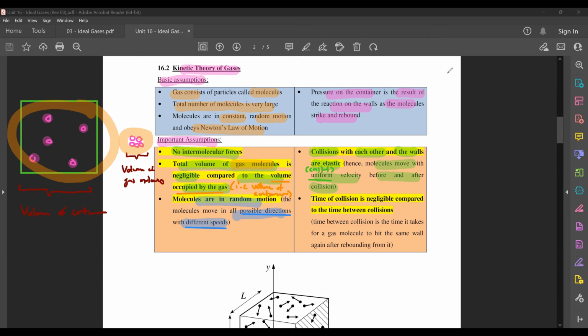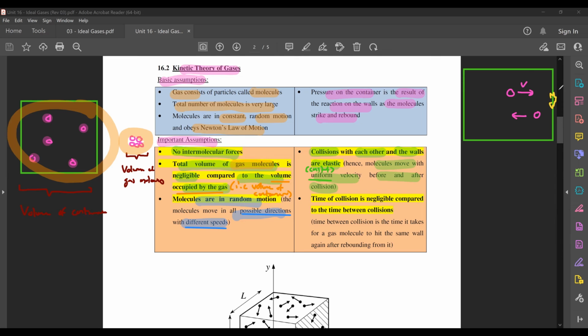So again, what do I mean by that? If you imagine that this one is your container again, the volume that is containing your gas molecule, you have one gas molecule that moves towards the right with a speed of v. It will obviously hit the wall, and then after that it will rebound.